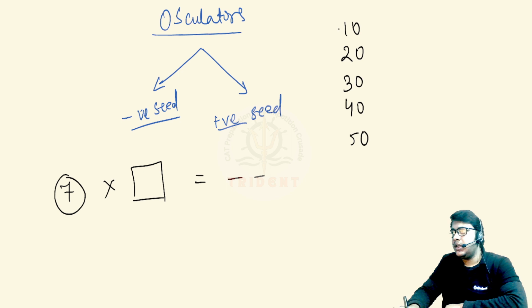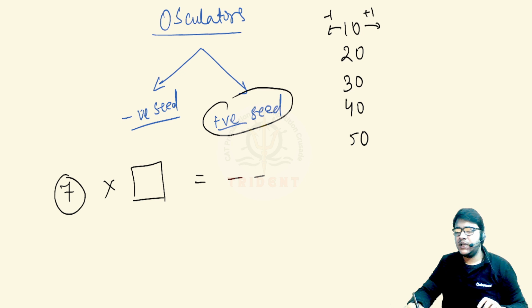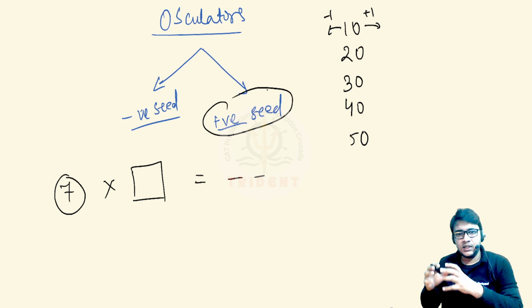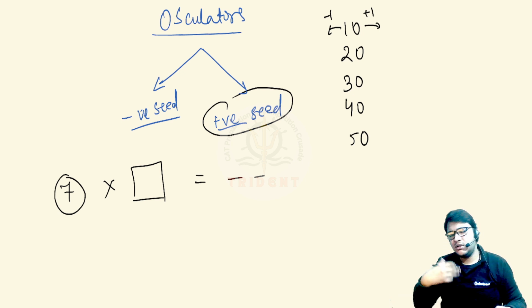Okay, either I want to reach a number which is 1 less than that, or 1 more than that. This is exactly what we did for the positive seed. If you pay attention, we worked out the entire theory that I gave you in the last part. That was for the positive seed, but now I'm giving you the negative seed also. So let's just look at the negative seed only.